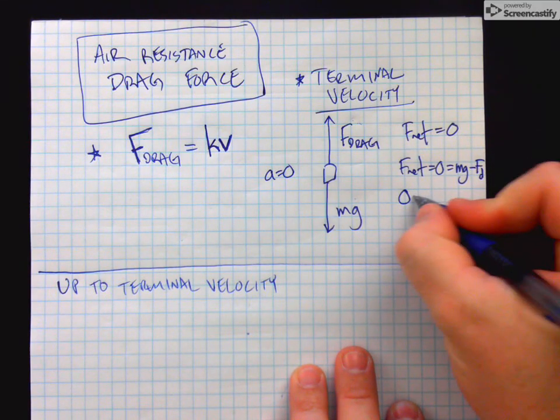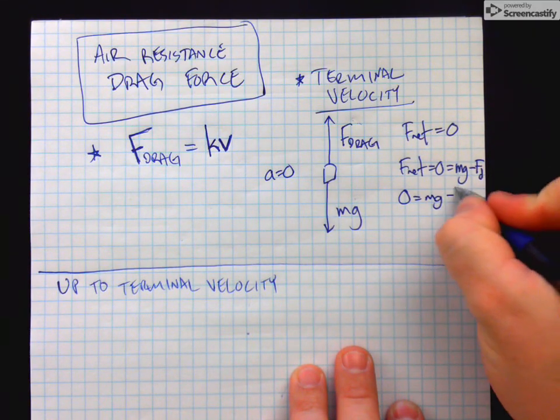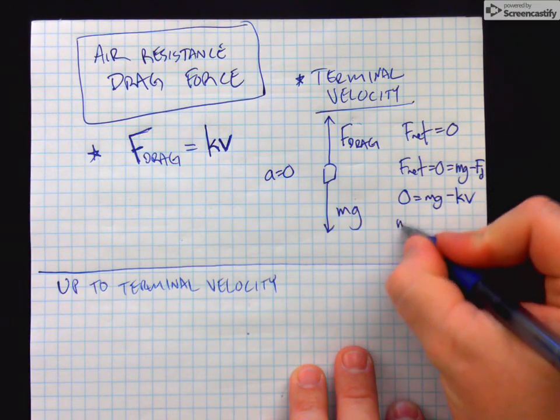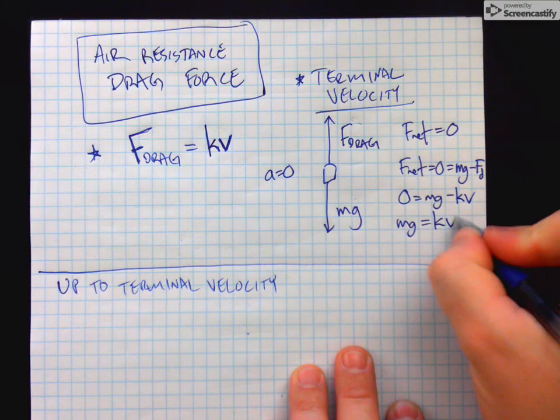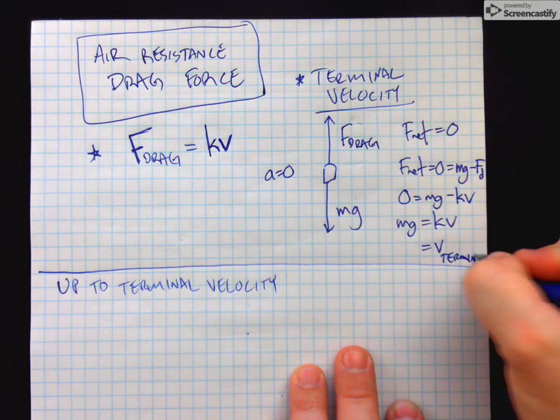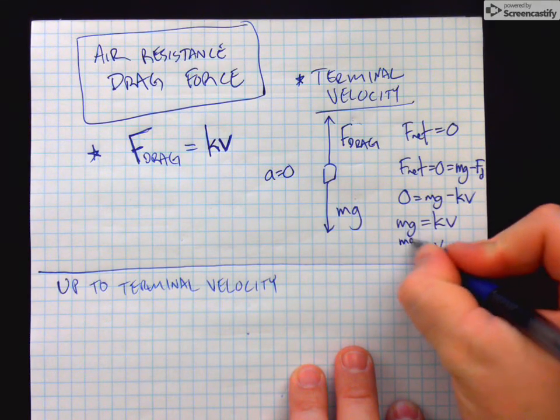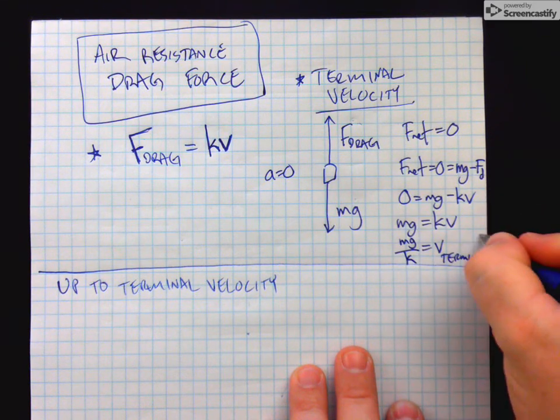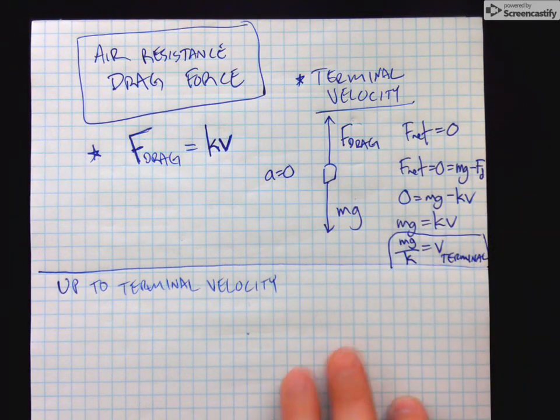So now you've got 0 equals mg minus kv, so mg equals kv. So your terminal velocity is going to be mg over k. That's a very limiting situation, because that's just telling you what the velocity will be. So that's kind of the first style.